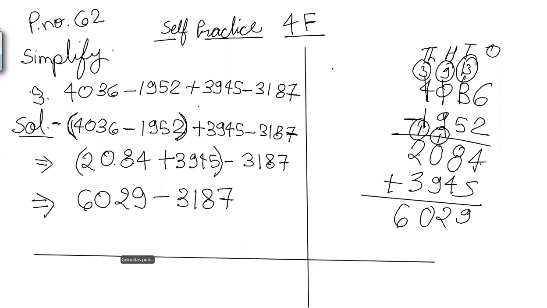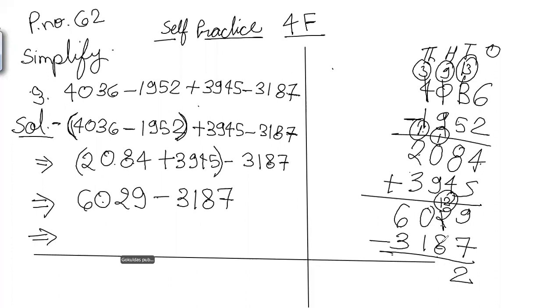Okay. Now this step is saying that 2 numbers are there which you need to subtract. So arrange both the numbers column wise and subtract. So 6029 minus 3187. Subtract them. 9 minus 7 is 2. 2 minus 8 not possible. So take a borrow.